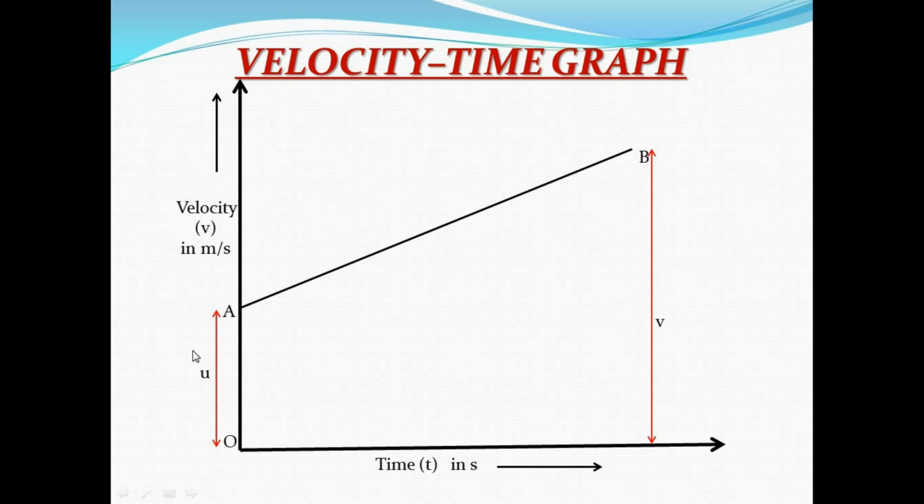Now, to prove the first equation of motion, that is v equals u plus at, we need to find the slope of the velocity time graph.